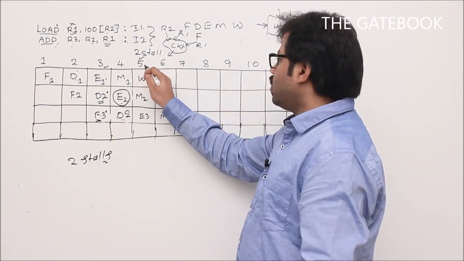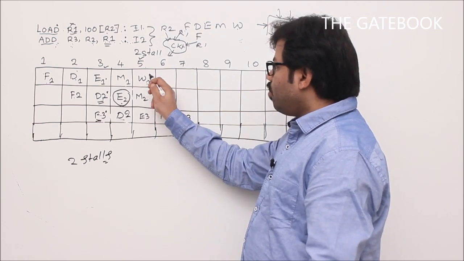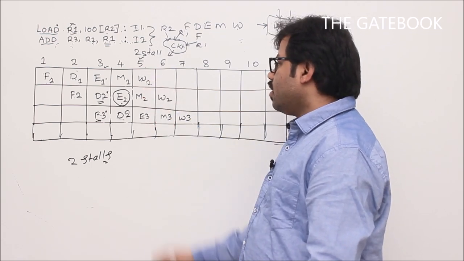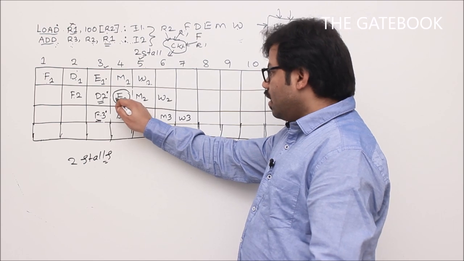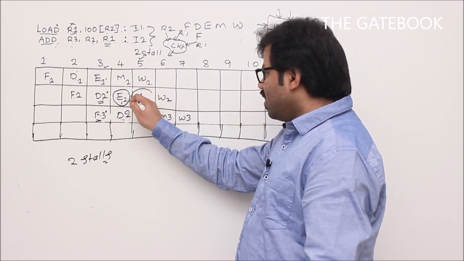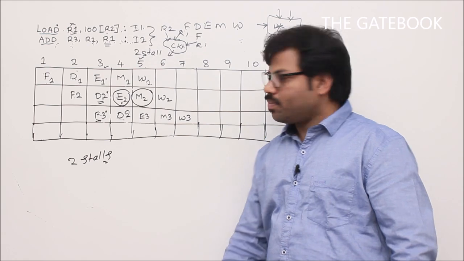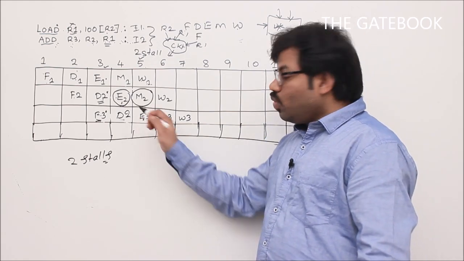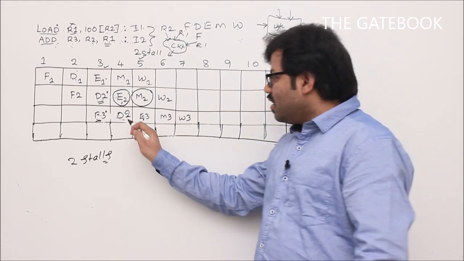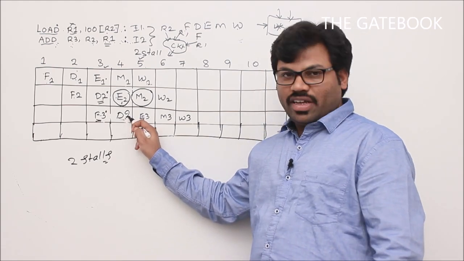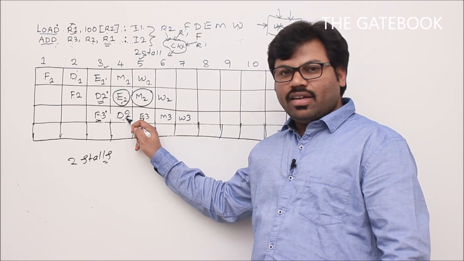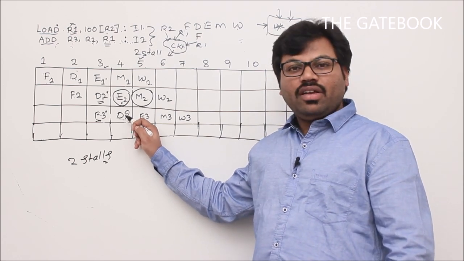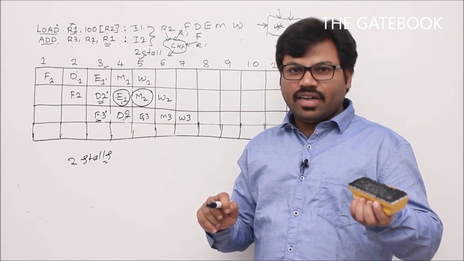Now come to the fifth clock cycle. Normally the first instruction is executed. Because this instruction is carrying dummy signals, this memory also will become dummy. What about this one? Since you want to introduce two stall cycles, this decoding also will be done so that the second instruction is again made dummy by adding dummy signals.